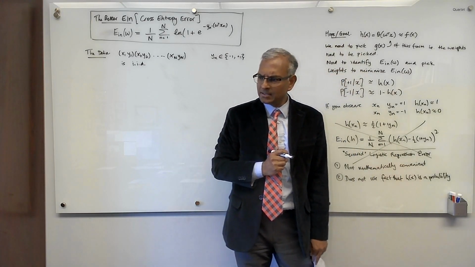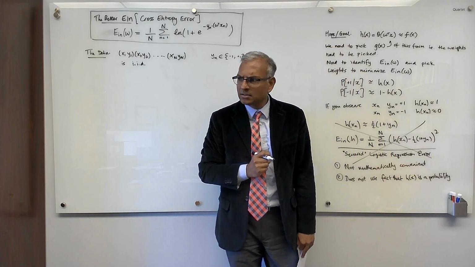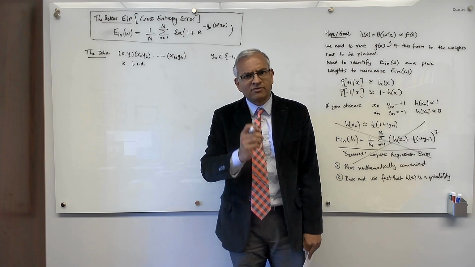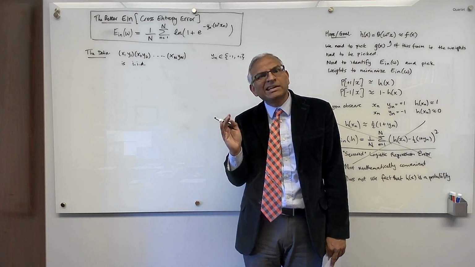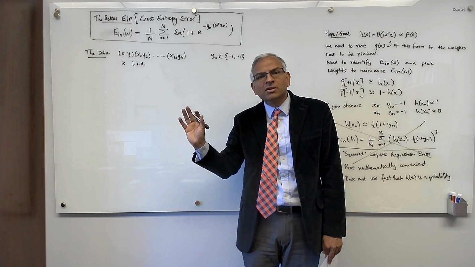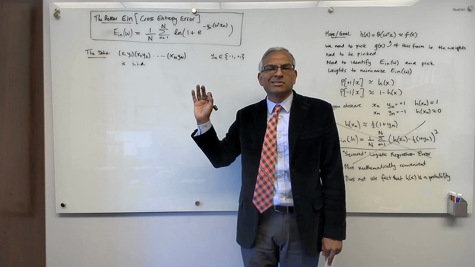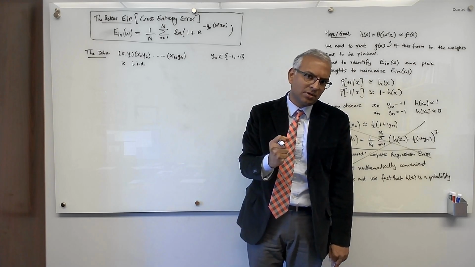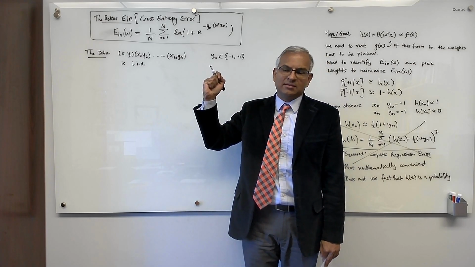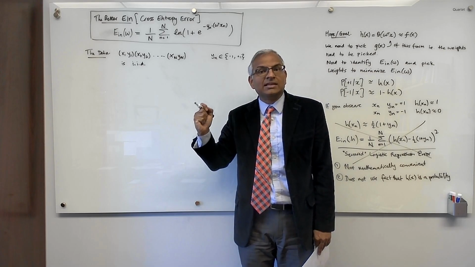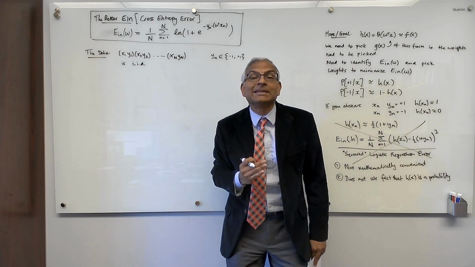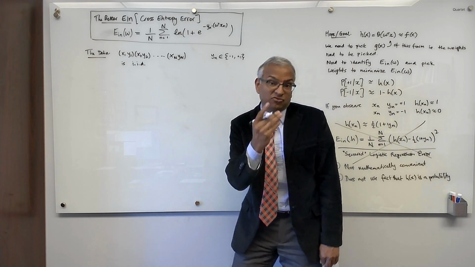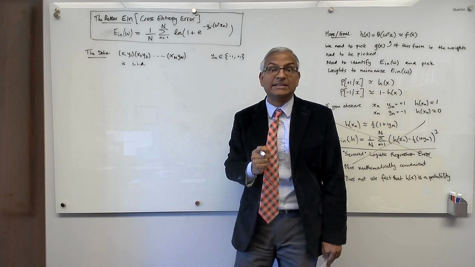If you're coming back, that was one of the foundations, one of the pillars of the theory that we needed in order to establish that learning is feasible. To get this link from E in to E out, we needed the fact that the data is IID. When you go to your client and your client says, I've got a data set, you first ask them, did you generate these data points IID?